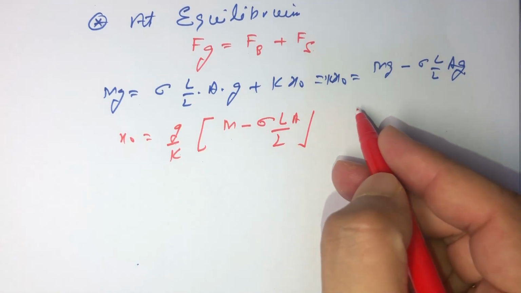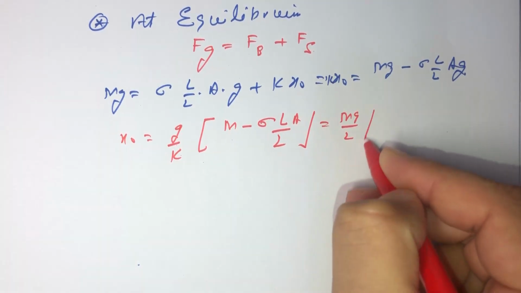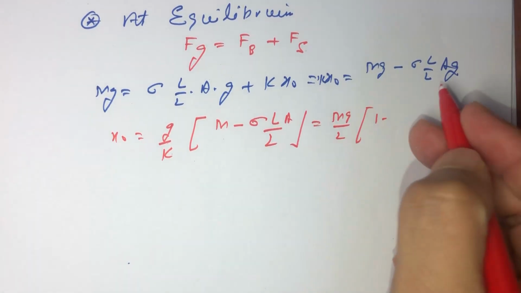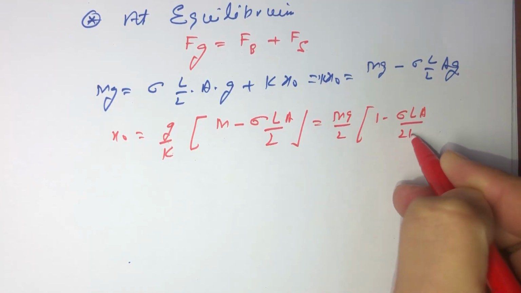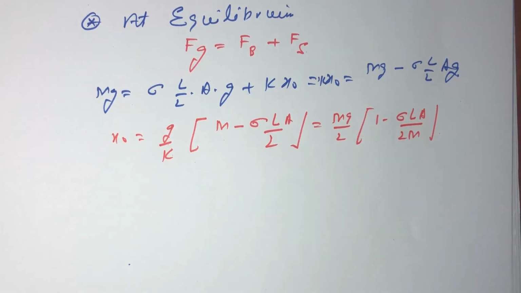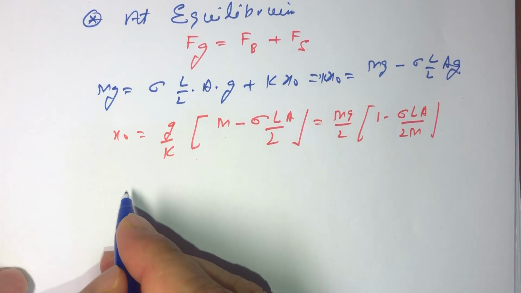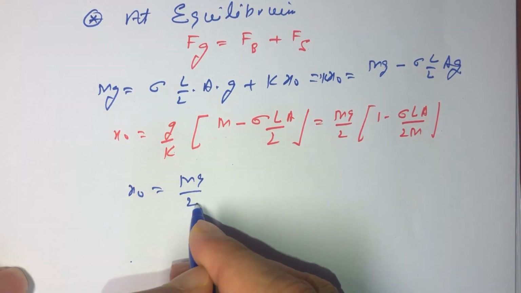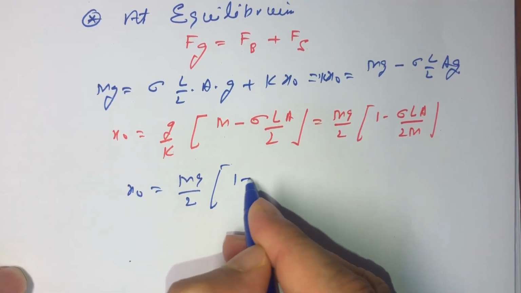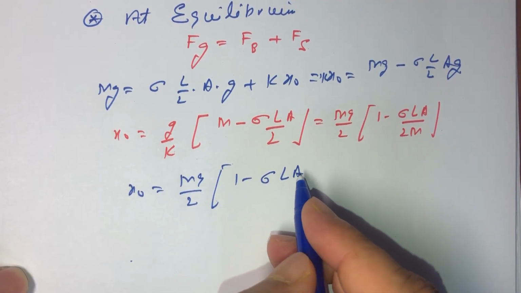So let us take m also as common. So this will come as mg by 2, 1 minus sigma La divided by 2m. So let me write it here. We get x0 is equal to mg by 2 times 1 minus sigma La divided by 2.